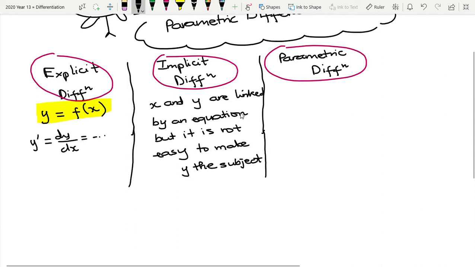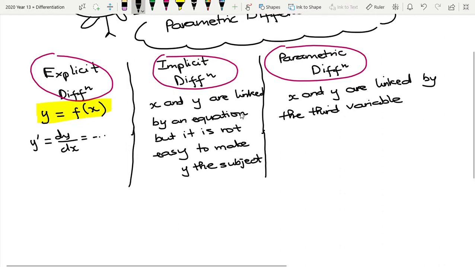Lastly, we talk about parametric differentiation. This is a new thing we learned today. It's not too hard. X and y can be linked in some way: x and y are linked by a third variable. This is where things get interesting. It is not easy to link x and y in one equation.